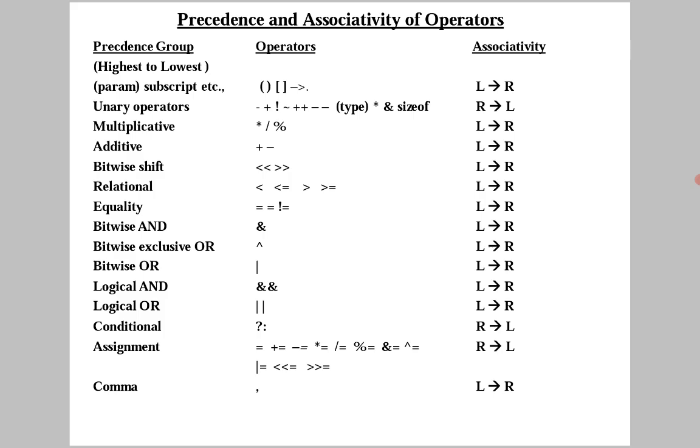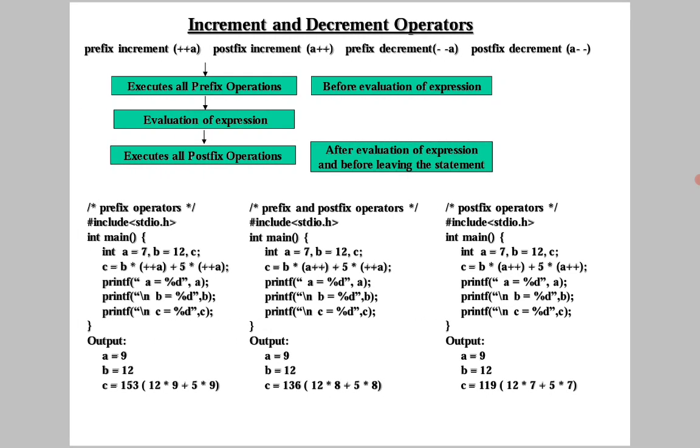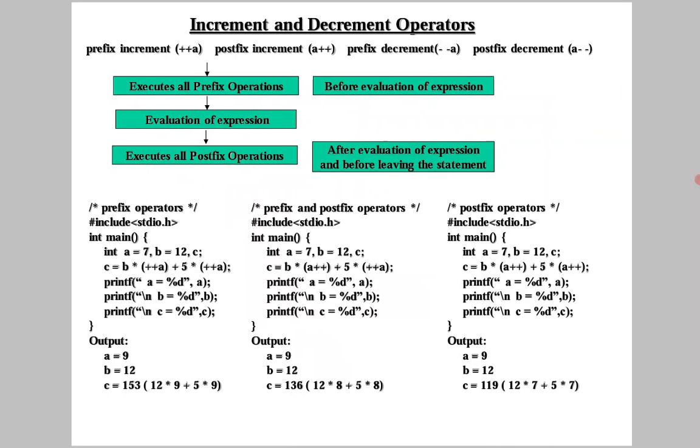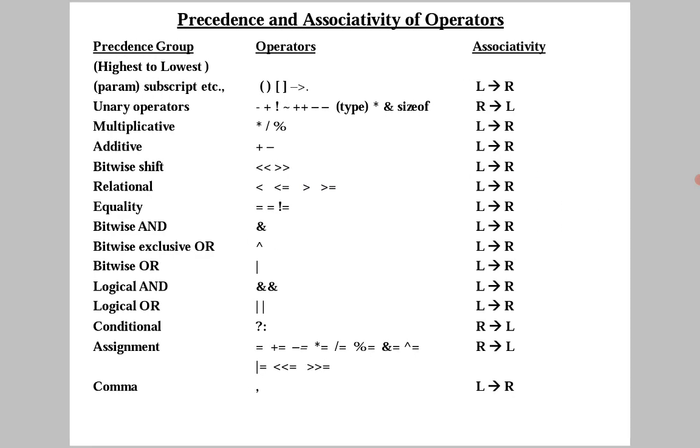Another important essay type question in C language, coming from the first and second units, is operators. What are the different types of operators used in C language? In C language there are several types of operators.